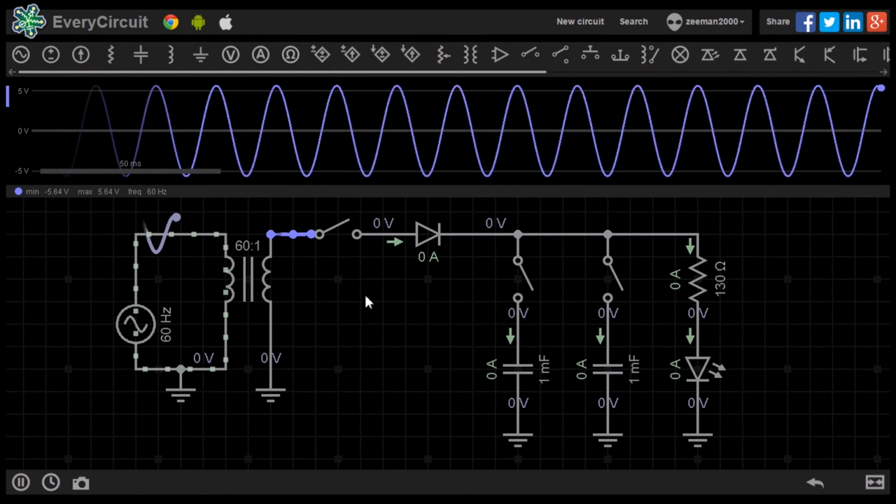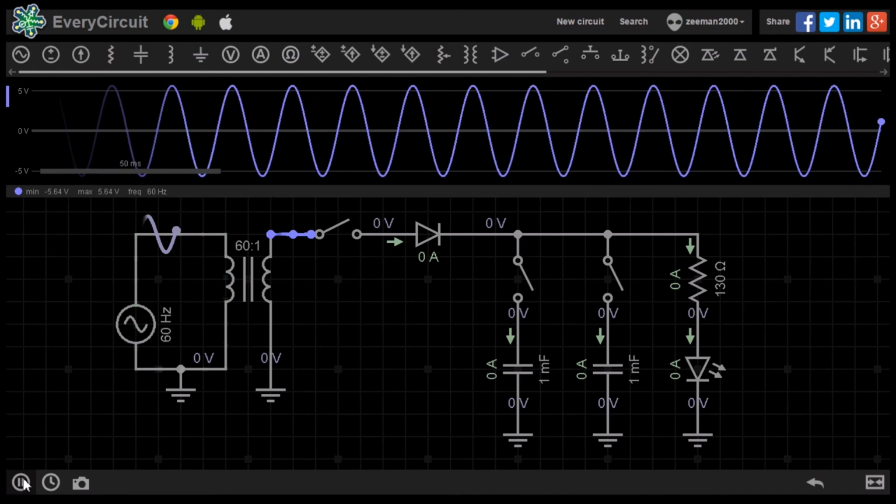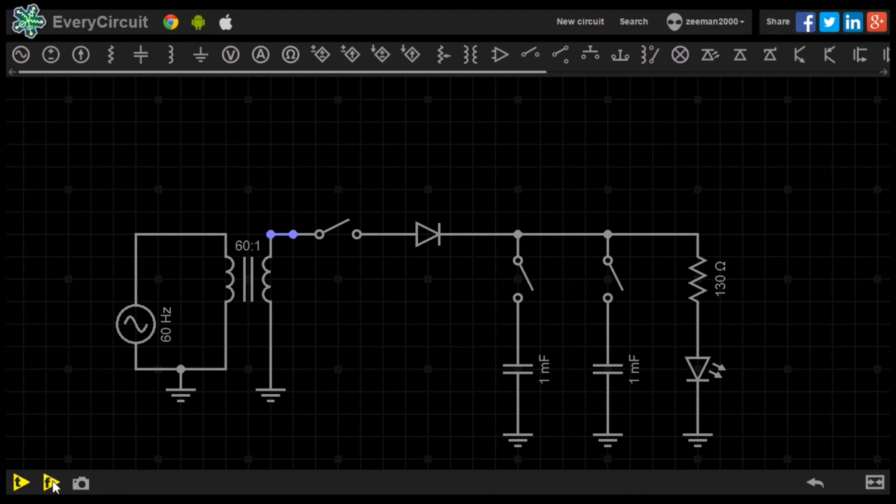Let's add the diode into the circuit to restrict the flow of negative voltage. To see the effect of the diode, we need to view the signal after that point.